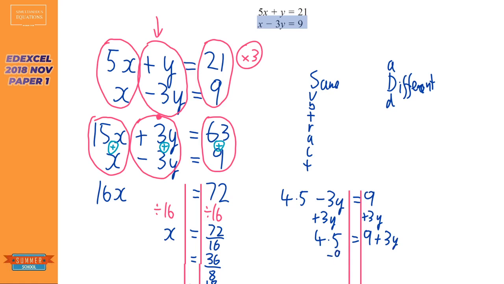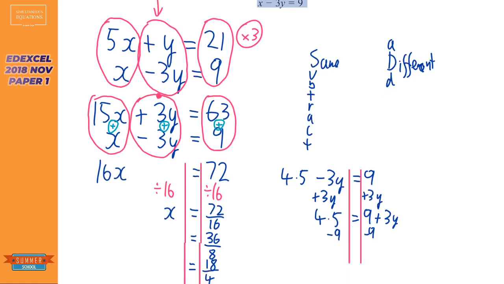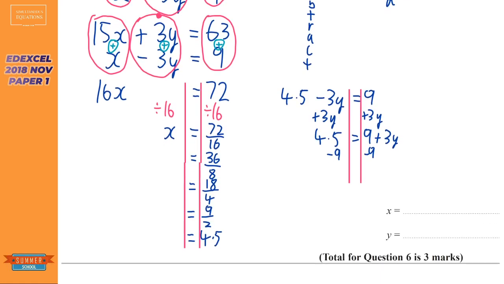Then minusing 9 both sides. So 4.5 take away 9 will be minus 4.5. And then divide by 3 both sides. 4.5 divided by 3 is 1.5, so it would be minus 1.5. So our y is minus 1.5 and our x is 4.5.